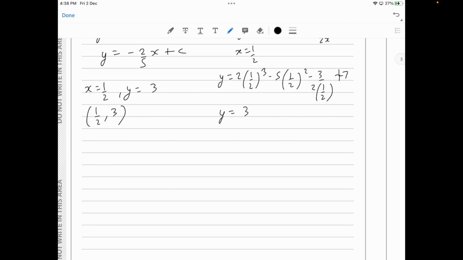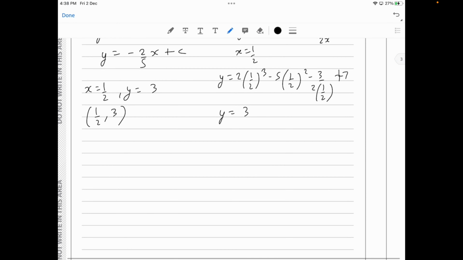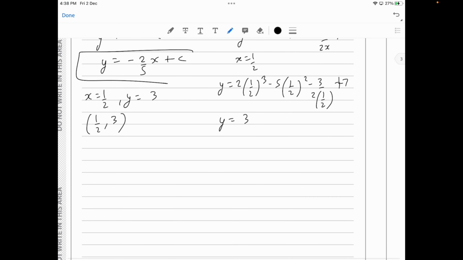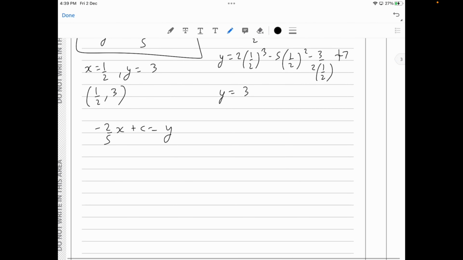Alright, so now that we know the coordinates of x and y, we have to find out what c is. We can substitute the value of x and y into this equation. I'm just going to rearrange this as minus 2x plus c is equivalent to y, so negative 2 by 5 brackets half plus c is equivalent to 3. So we're finding the value of c.